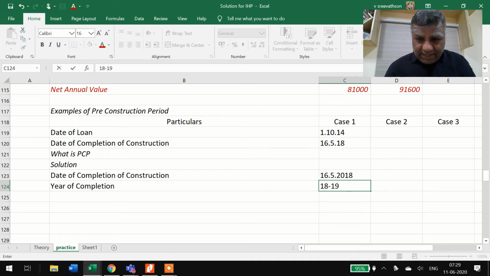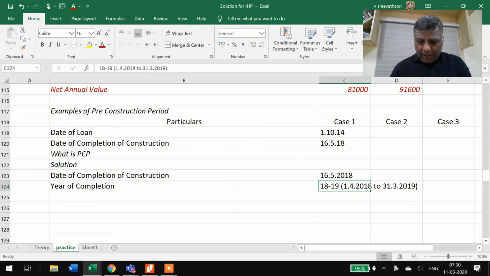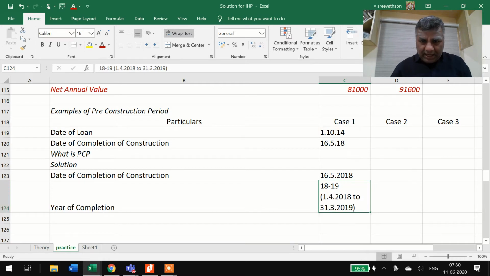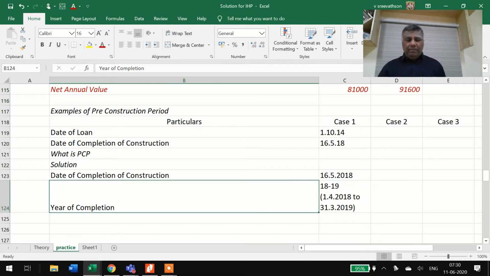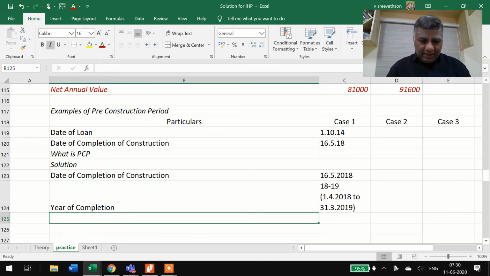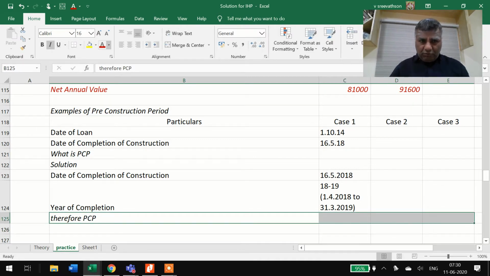That is nothing but 1/4/2018 to 31/3/2019. It falls in the year 1819. Therefore, this is the pre-construction period, PCP.